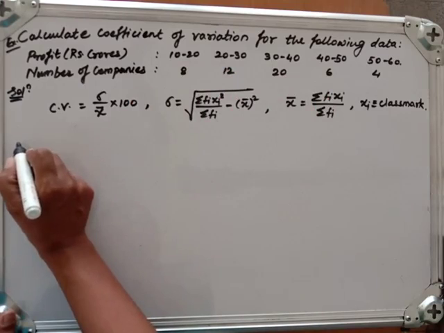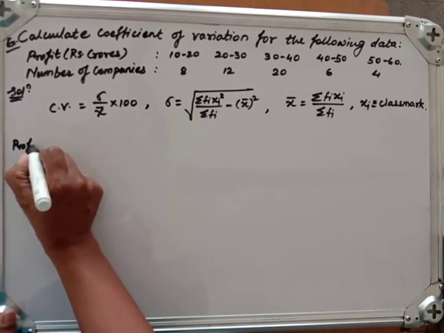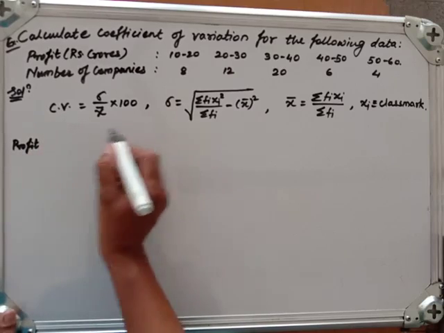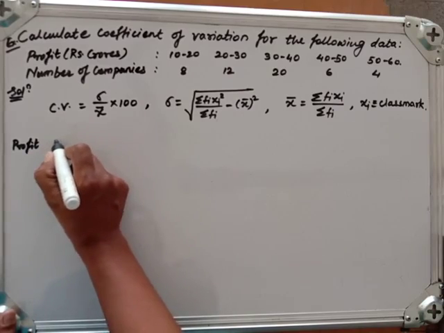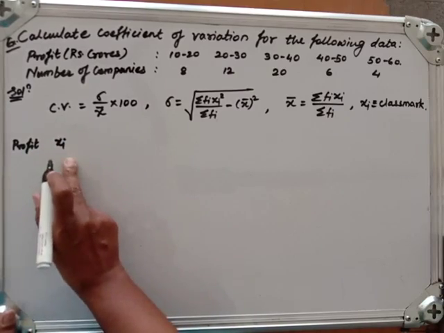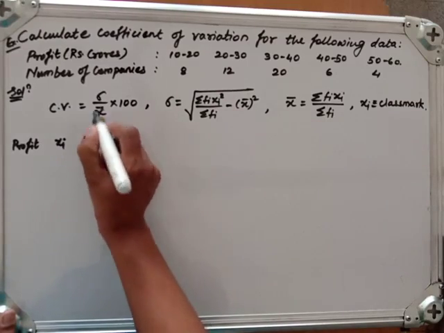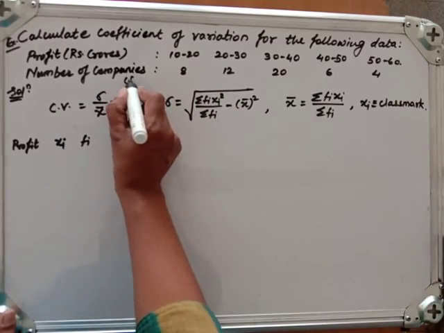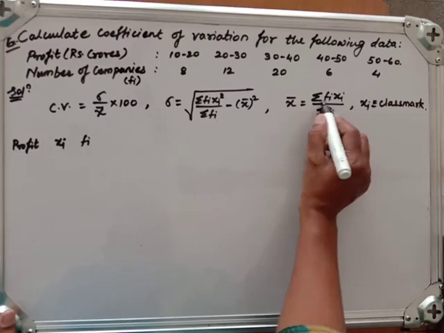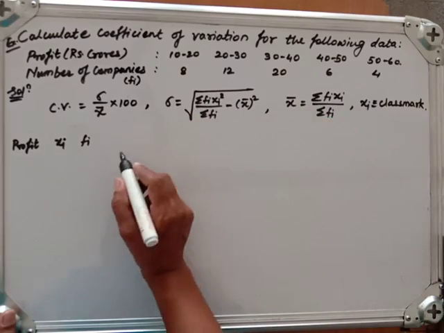Let us form a table. Profit, that is the class intervals. Xi means the class mark of each class interval, that is the midpoint of each class. Number of companies is Fi. I also need the product Fi xi, its sum, and Fi xi square, its sum.